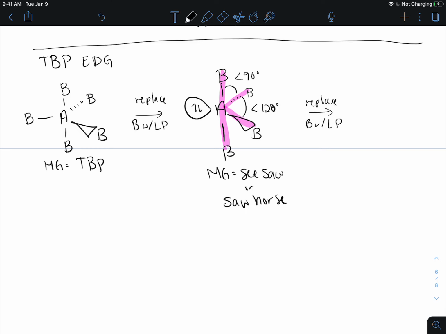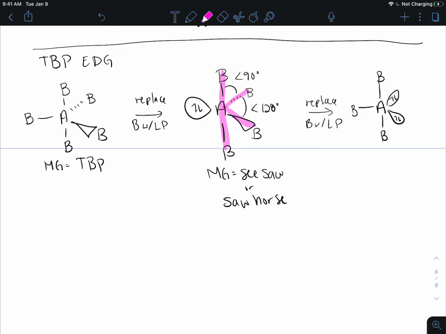Remember, with our trigonal bipyramidal, we replace our equatorial positions, not our axial positions. So our next one is going to have another one of these equatorial positions replaced with an electron pair. I'm going to again draw this a little different. I'm going to put my two lone pairs on these two equatorial sites, and I'm going to leave this one as my site where I put my B atom.